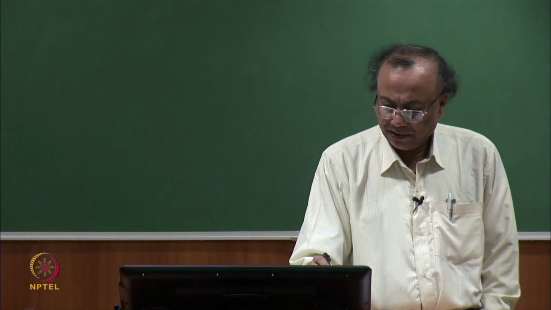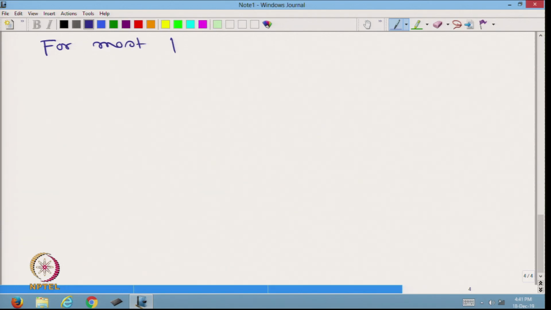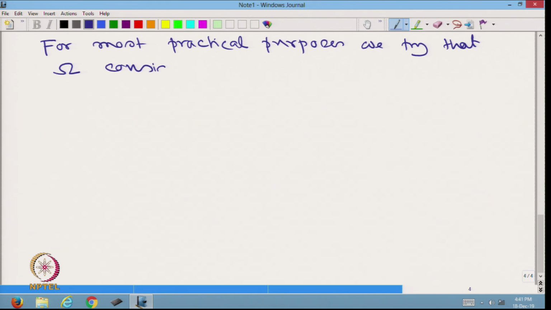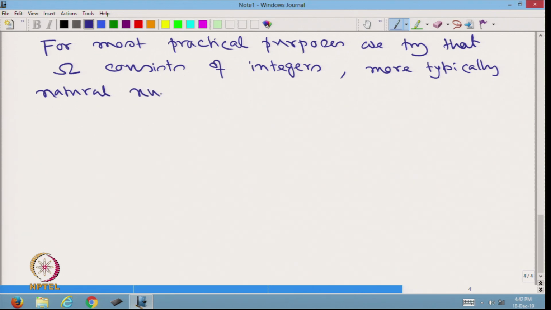For most practical purposes, we try that omega consists of integers, more typically natural numbers, with positive probabilities.